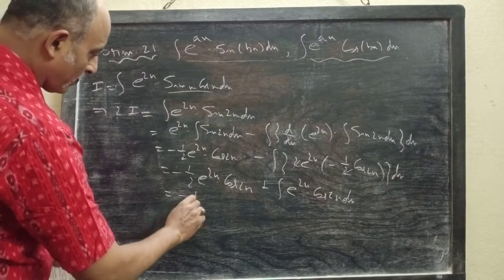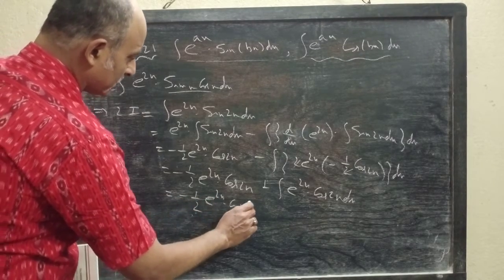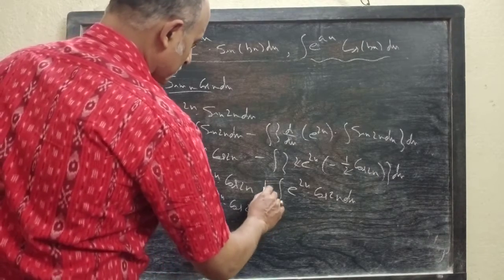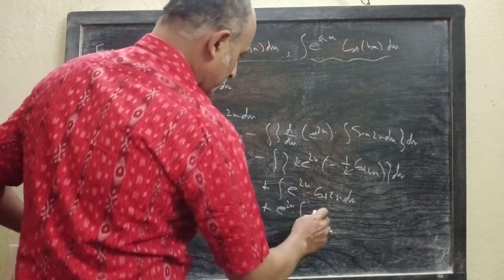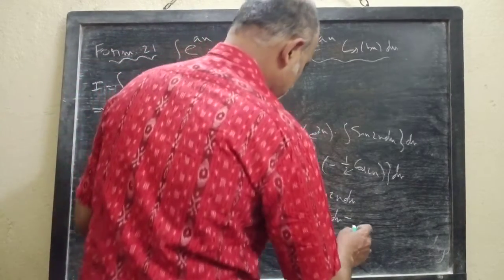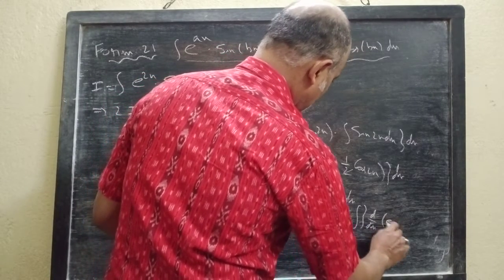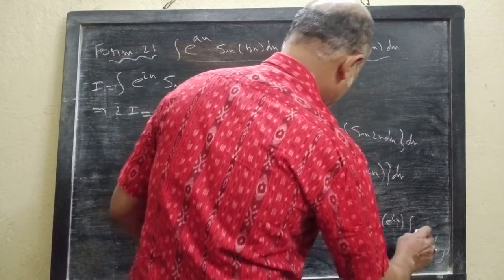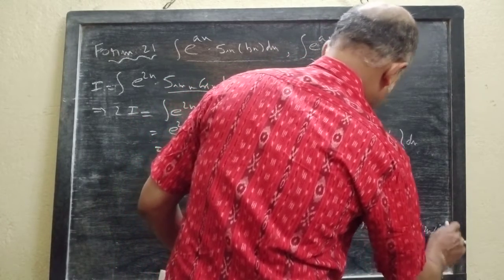Now, minus half e to the power 2x cos 2x plus, by parts again, e to the power 2x times the integration of cos 2x dx, minus integration of the derivative of e to the power 2x times the integral of cos 2x, dx.